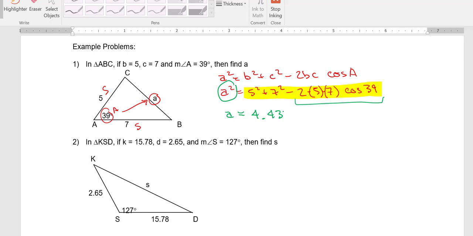Okay, so same type of problem for this one, except now the letters are not A, B, and C. Hopefully you can see that it's going to be s squared equals, and then it's going to be 15.78 squared, some ugly numbers here, plus 2.65 squared minus 2 times the 15.78 times the 2.65 times the cosine of 127 degrees.